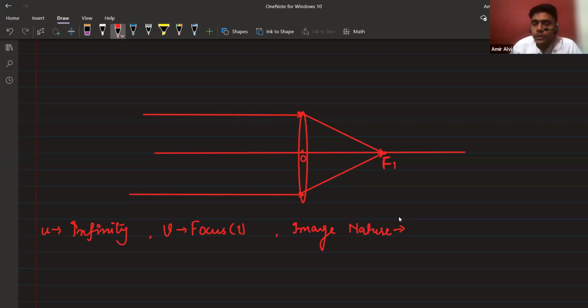Real and inverted means the image can be obtained on the screen. Real images are the images which can be obtained on the screen. Clear? Image nature is real and inverted.